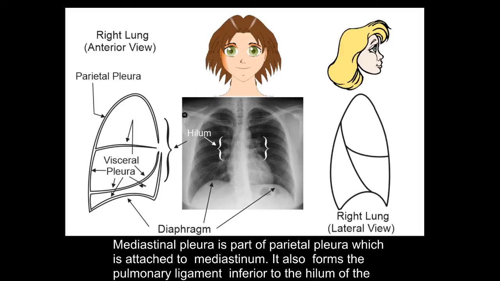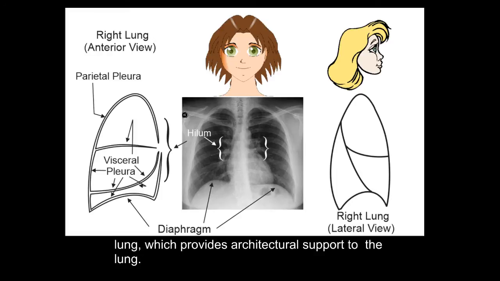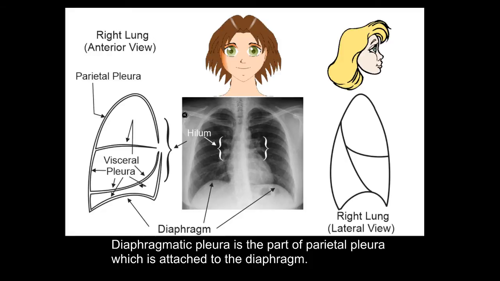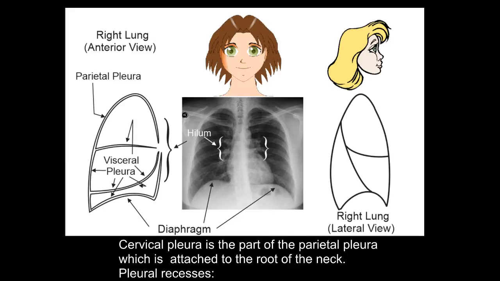It also forms the pulmonary ligament inferior to the hilum of the lung, which provides architectural support to the lungs. Diaphragmatic pleura is the part of the parietal pleura which is attached to the diaphragm. Cervical pleura is the part of the parietal pleura which is attached to the root of the neck, somewhere here. Okay.